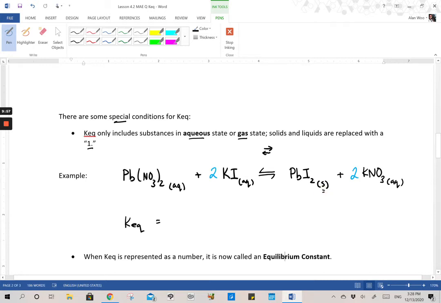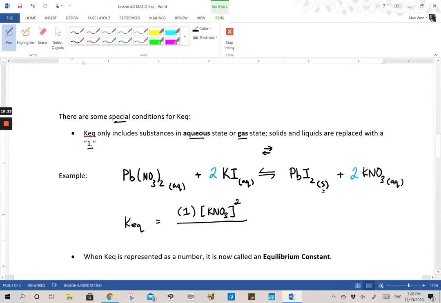Solids get replaced with a 1. So I put a 1 in. The other substance is KNO3. So I put KNO3 in brackets to show that I'm talking about the concentration. The coefficient is a 2. So now it becomes exponent 2.